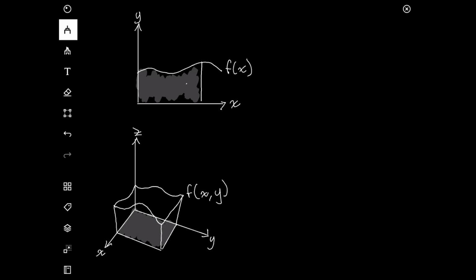In the first one, if we wanted to find the area under the curve, what we would be doing is taking lots of little tiny rectangles, right? Adding them all up together. The smaller the rectangles get, the better your approximation gets. In calculus, those rectangles approach zero.